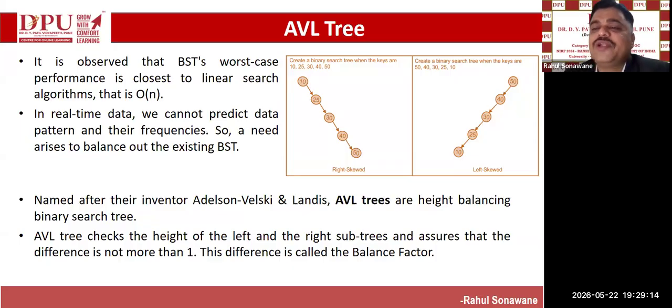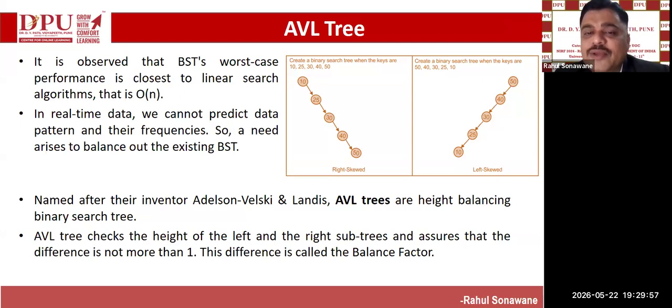Here I have taken two examples. You can see in my slide, if the data is entered by the user in a particular order, the tree will be constructed in a different way. If the data is given in ascending order, like 10, 25, 30, 40, and 50, and you are asked to construct the binary search tree, then obviously the first data coming, 10, is kept as the root.